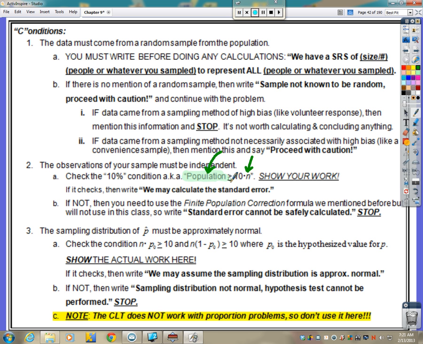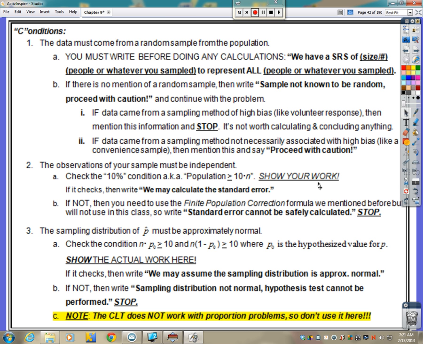If that is okay, then we may calculate the standard error, which was either our sigma sub x bar or sigma sub p hat, and each of these had its own formula to work with. If that does not work out, technically we could use the finite population correction, but we won't in this beginning level stats course, though you certainly will and could in future math or stats classes.